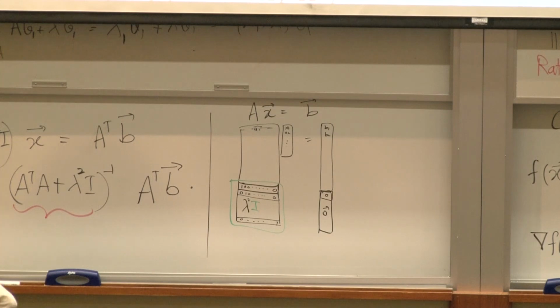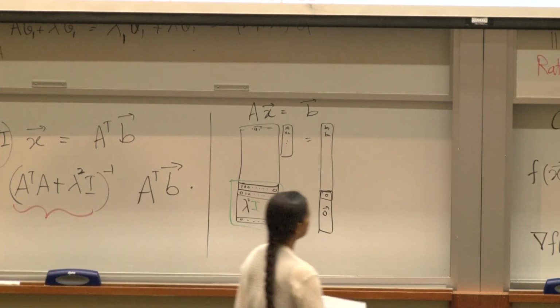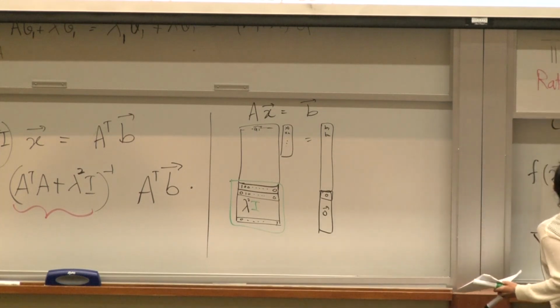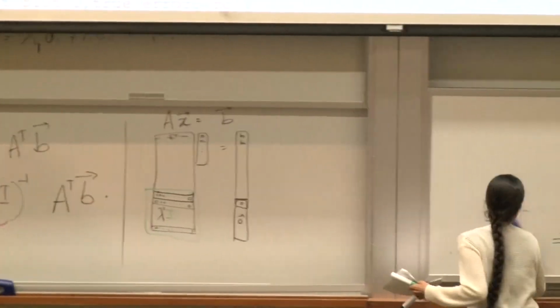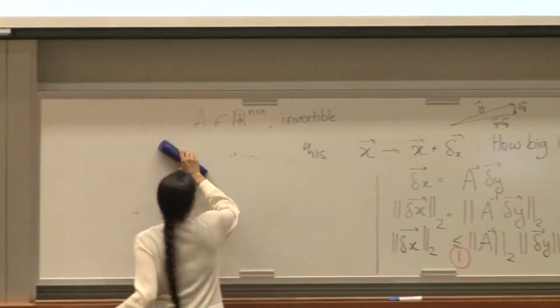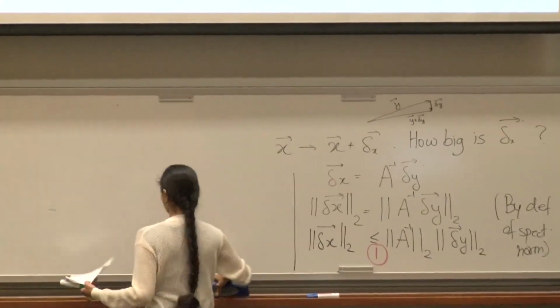So now, this is another least squares problem. Could I solve this? What is the setup here?